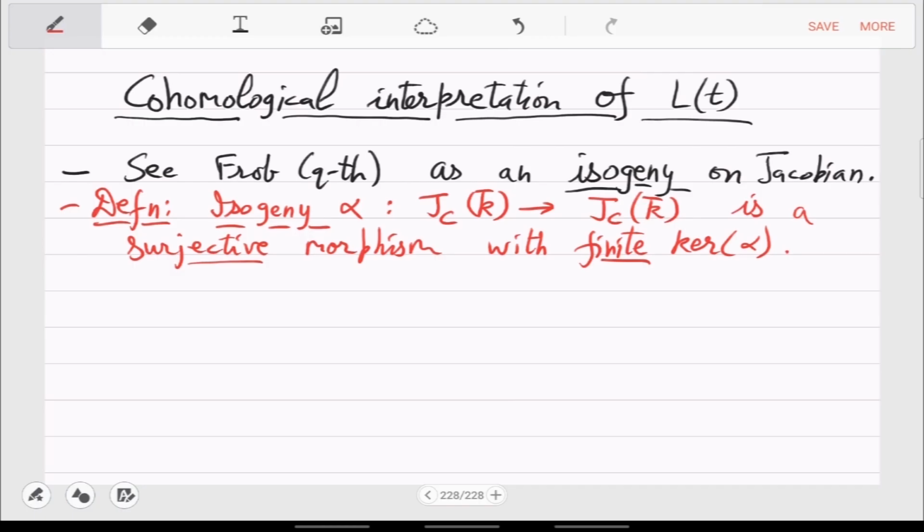So let me describe that later. So it's finite kernel, and it respects. It's not just geometric. It respects the group and the variety.